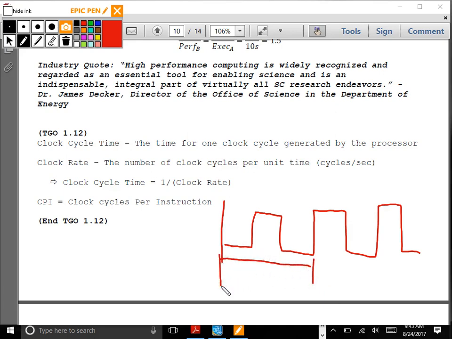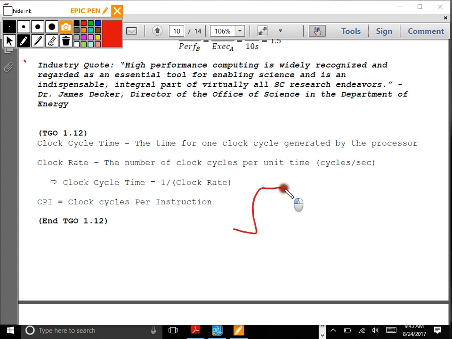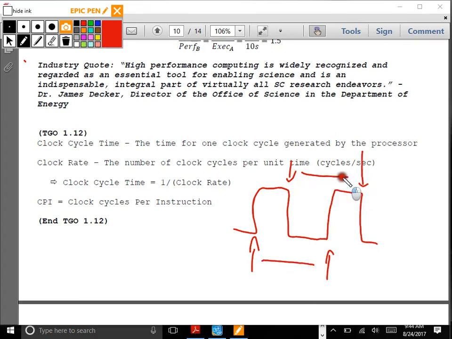You see how it goes through the entire cycle and it comes back to where it was. So that's the length of one clock cycle, rise time to rise time, or fall time to fall time. This amount of time is defined as the clock cycle time. And that's the time for one cycle generated by the processor.